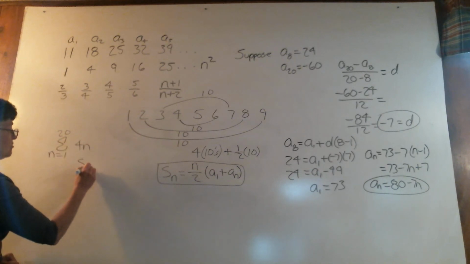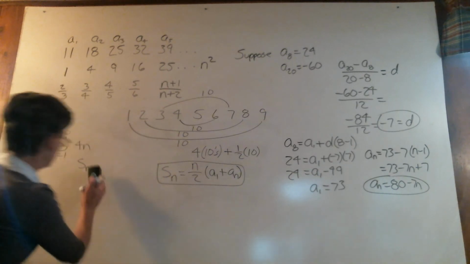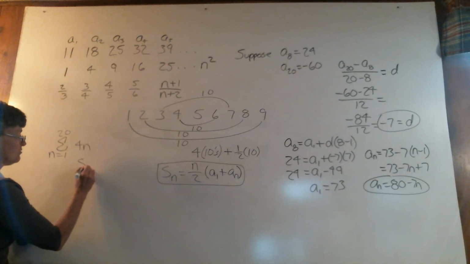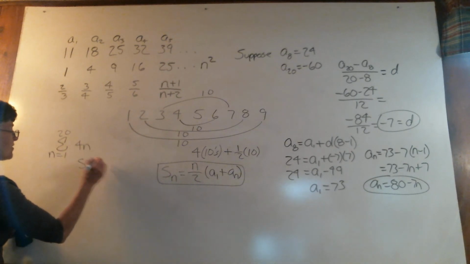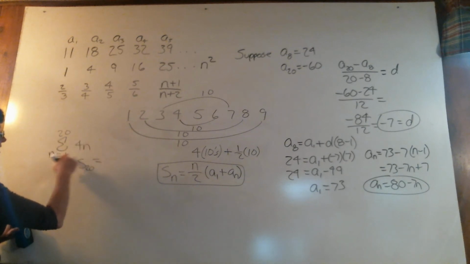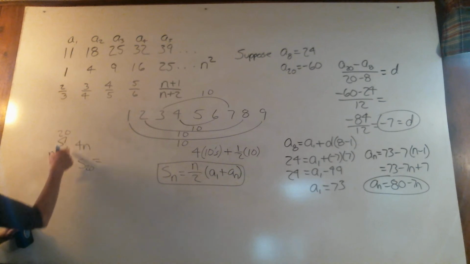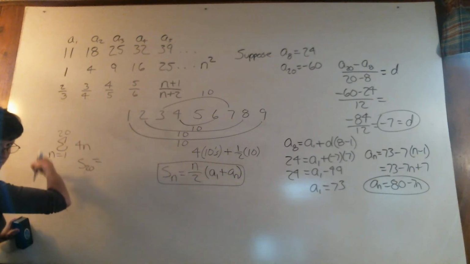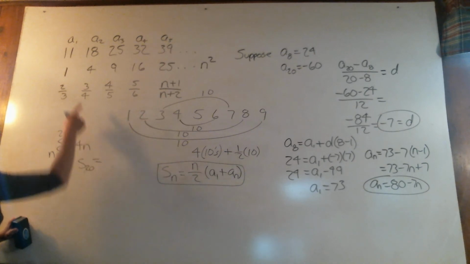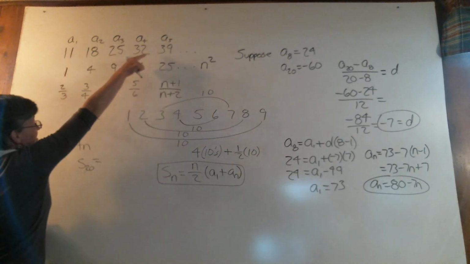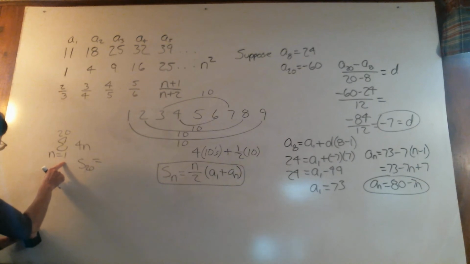What I would do is I would write S20, sum of the first 20 terms. So n is 20, because 20 minus 1 is 19. So there are 19 D's between the first term and the last term. But don't forget, that 19 D's means that I have 20 terms.